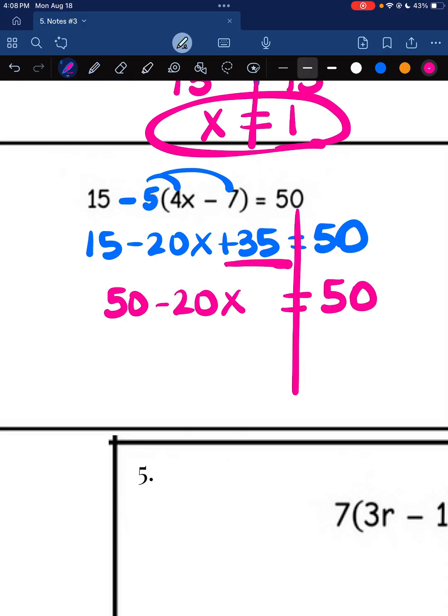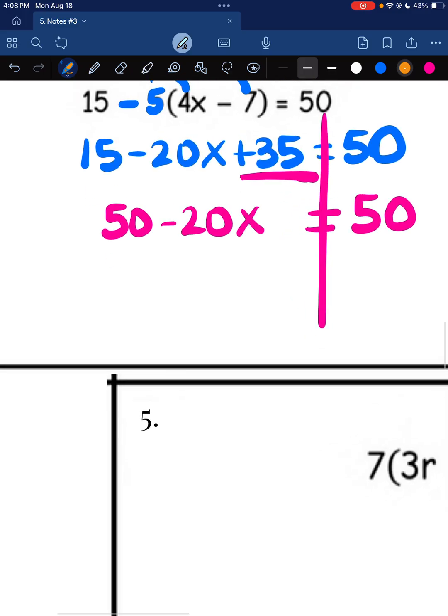Okay, this kind of problem is going to come up on the assignment that goes with this. So when it comes time for step 3, add or subtract, you're not going to move the 1 with the x. If there's another number, which there is, you take care of this one first, the one that's apart from the x, by either adding it or subtracting. So this 50 is positive, so we're going to subtract it.